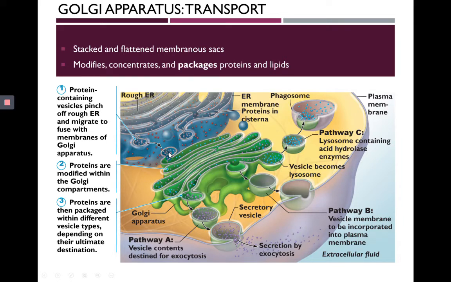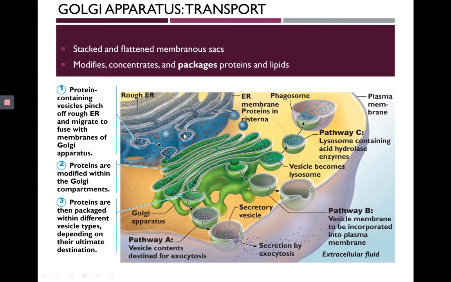The vesicles would fuse with the Golgi apparatus, and as they travel through the green flattened sacs of the Golgi apparatus, these proteins would be modified or folded or concentrated and packaged, like what happens to your stuff at the post office, and then sent out to the right location. Maybe they're going to be sent to the cell membrane in order to be excreted. Secretion via exocytosis is one function of the stuff in the vesicles that comes from the Golgi apparatus.